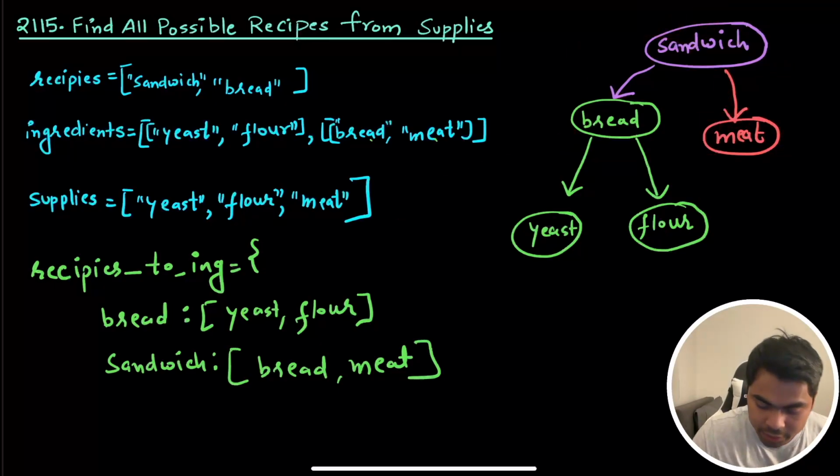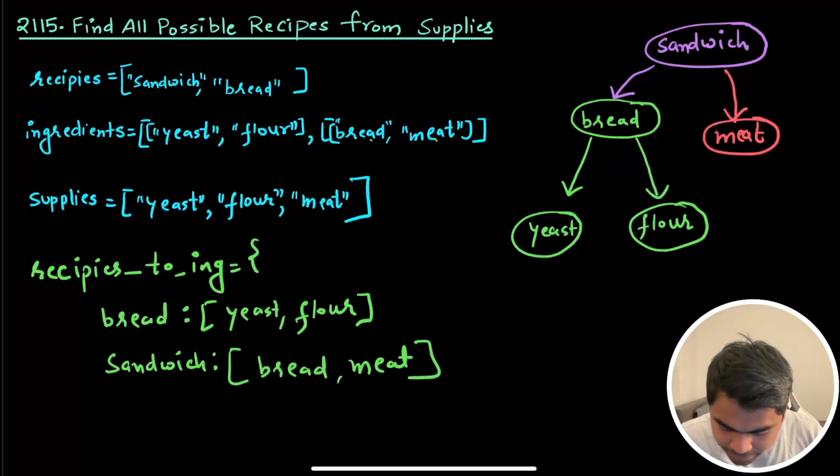Initially we did mark it false, and the reason is we have learned it in course schedule. What if there was a dependency from bread back to sandwich?